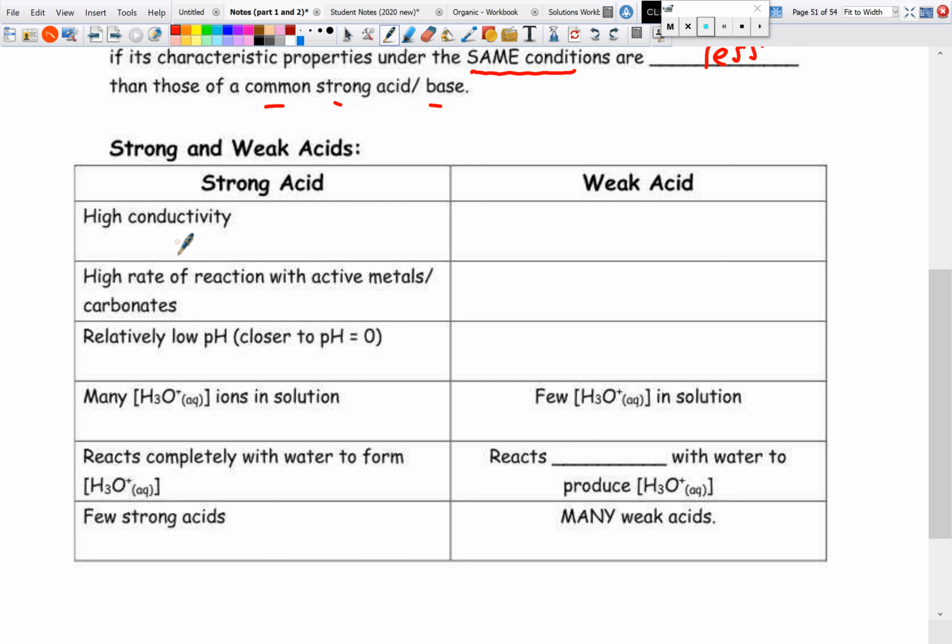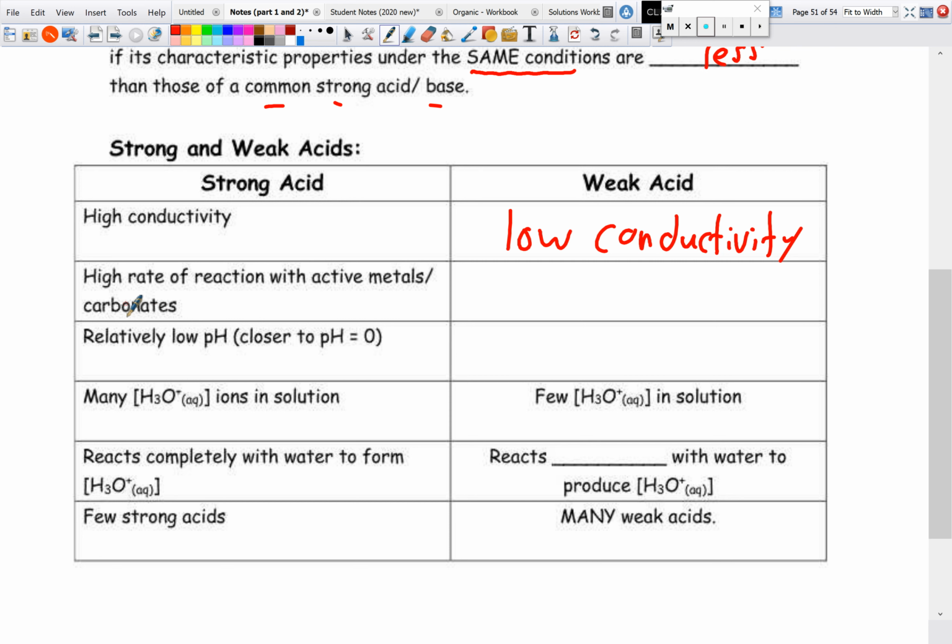As we know, strong acids ionize completely, so they have extremely high conductivity. A weak acid is defined as having less of that characteristic under the same conditions. So if a strong acid has high conductivity, a weak acid is going to have low conductivity. We also knew all acids react with active metals like magnesium and zinc, and carbonates.